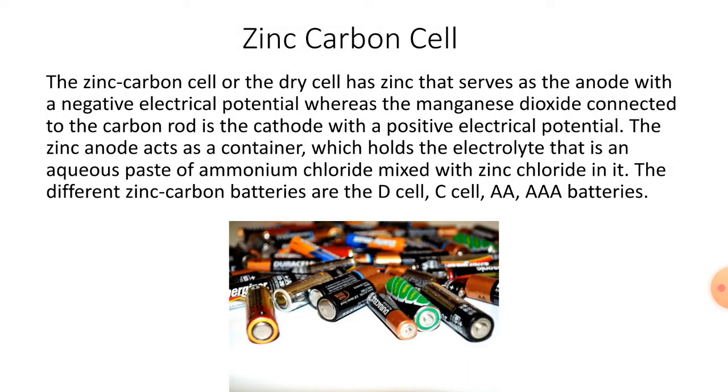Zinc carbon cell. The zinc carbon cell or the dry cell has zinc that serves as the anode with a negative electrical potential, whereas the manganese dioxide connected to the carbon rod is the cathode with a positive electrical potential. The zinc anode acts as a container which holds the electrolyte, that is an aqueous paste of ammonium chloride mixed with zinc chloride. The different zinc carbon batteries are the D cell, C cell, AA, AAA batteries.